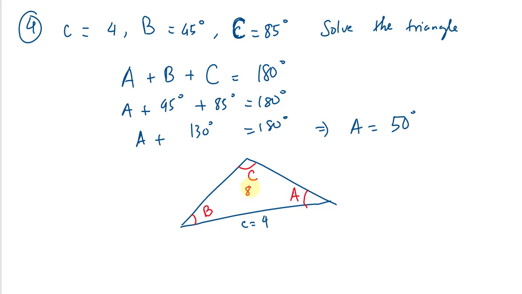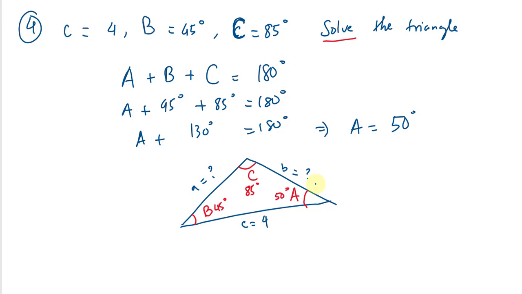C is 85 degrees, A is 50 degrees, B is 45 degrees. Now, they ask you to solve the triangle. That means we are looking for the remaining two sides, the lengths of a and b.